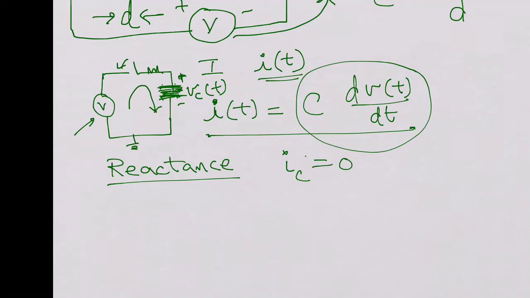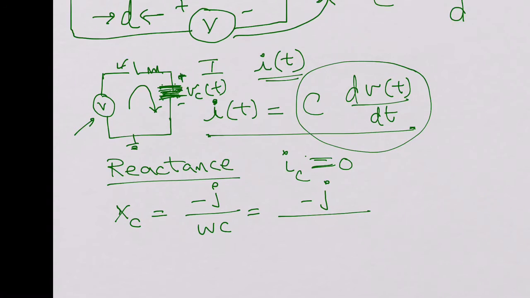IC would be 0. There is no current flowing through the capacitor. So this reactance of a capacitor, X of C, is minus j over omega C, where omega is the angular frequency, so you can write it as minus j over 2 pi f C, which is also written as 1 over sC. So that is the reactance of the capacitor.